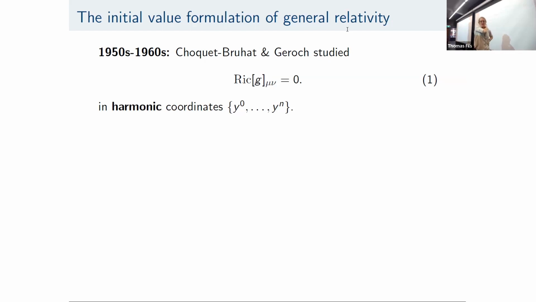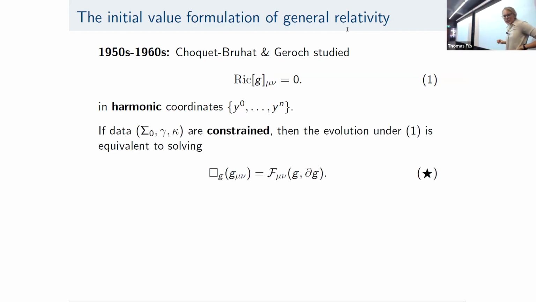They found, in her thesis, that if the data are constrained, then the evolution under the Einstein equations is equivalent to solving this system of equations here, which I've put a star on. So instead of solving Ric = 0, if I use harmonic coordinates and I constrain my data, then the evolution equations are equivalent to this system star.